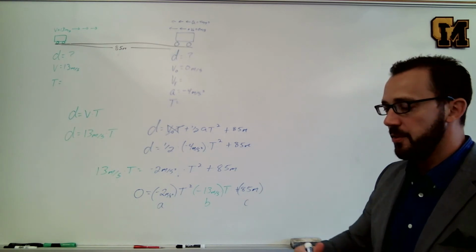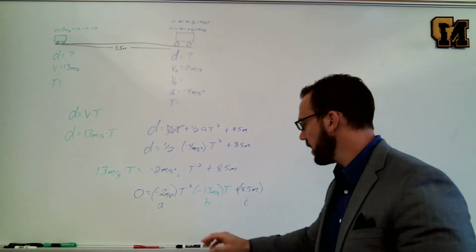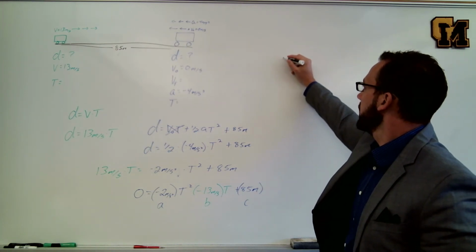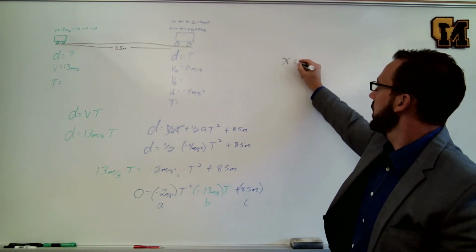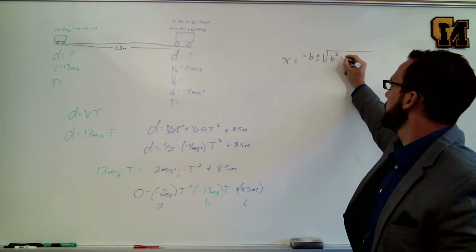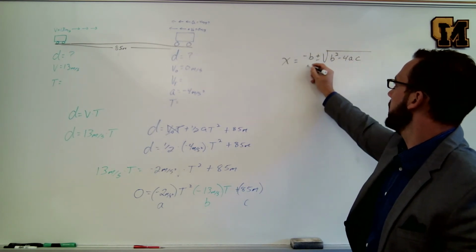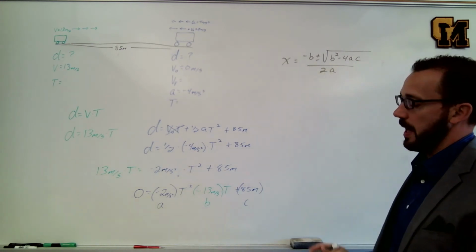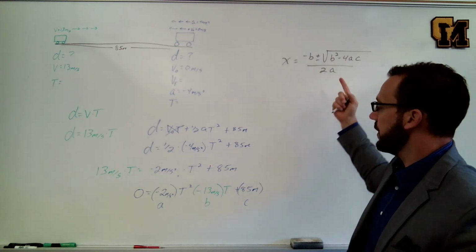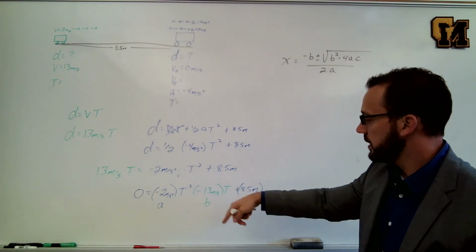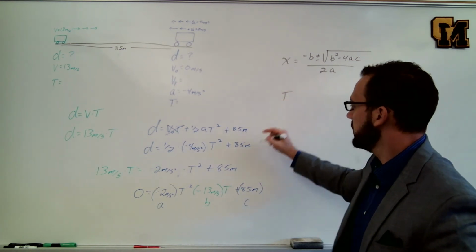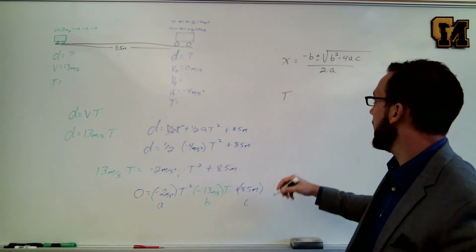And if you remember the old quadratic formula, x equals -b plus or minus the square root of b squared minus 4ac all over 2a. This is my a value, so everywhere I see an a, I would plug in -2. There's my b, which is -13, and my c is 85. And t is acting as my x.